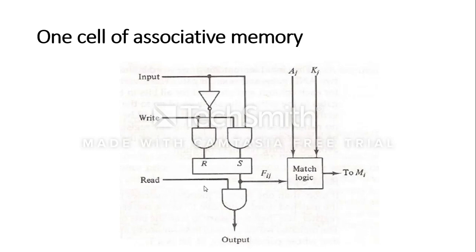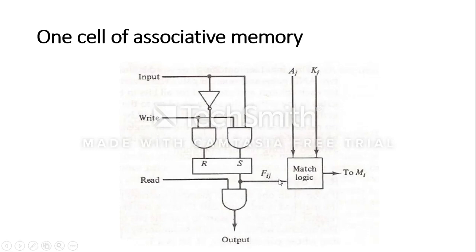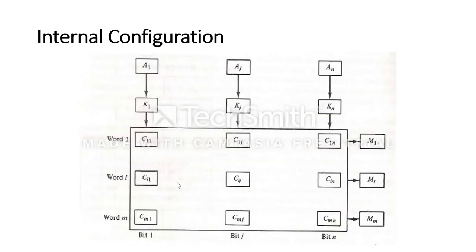To design registers or memory cells or other types of memory elements, we always need a series of flip-flops connected in a particular manner. So here also, if you consider any particular memory cell from this associative memory configuration, you can refer to this block diagram to understand the internal construction of that particular memory cell.